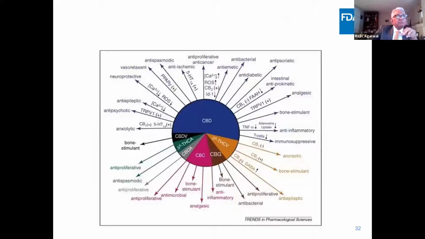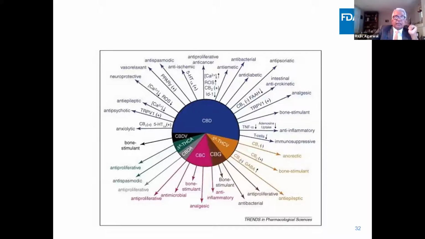For example, CBD, CBDV, which is one of the components in the plant, and then you have the acid, which is delta-9 THCA, which converts into THC, and then you have CBC I mentioned, which is one of the biosynthetic pathway products, also a degradation product, and CBG, which is again a product of the plant, and also could be a degradation product.